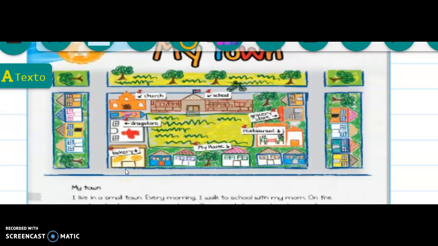Delicious. And a jojo? No, probably no. And a toothbrush? Yes, in the drugstore you can buy a toothbrush. Okay, please mark this activity.